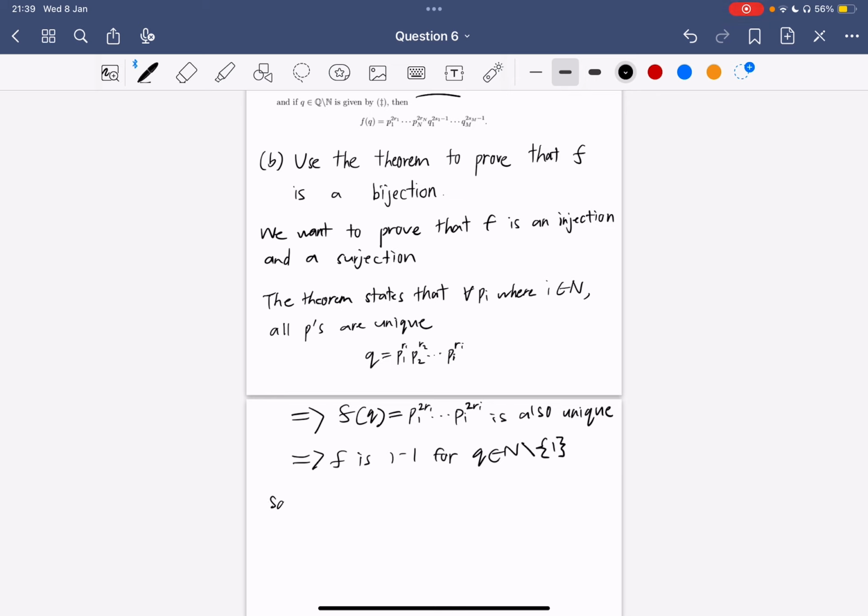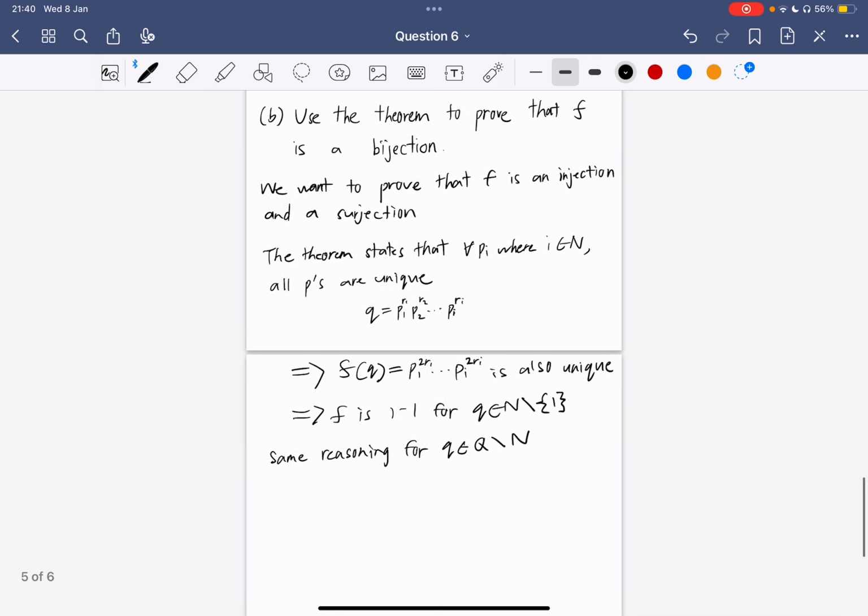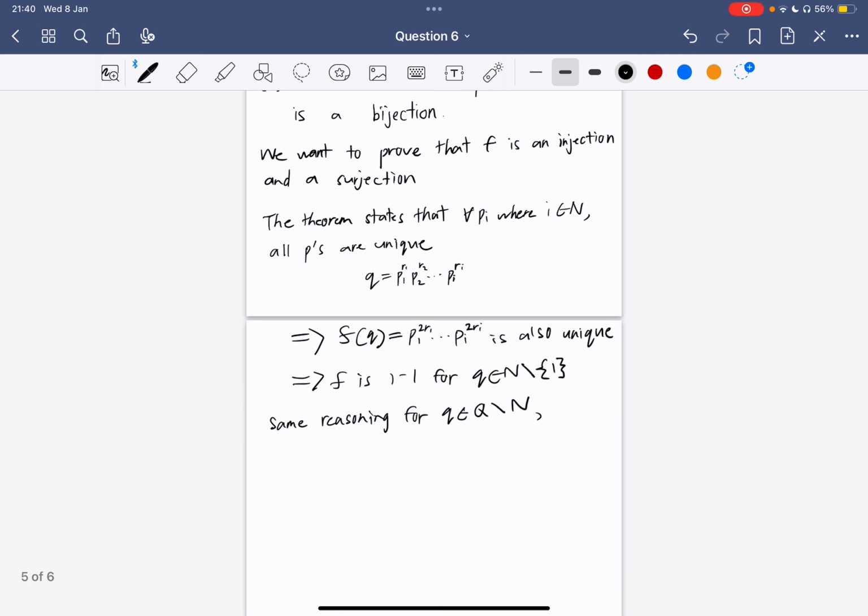Same reasoning for q for all elements of the rational numbers that are not natural numbers.